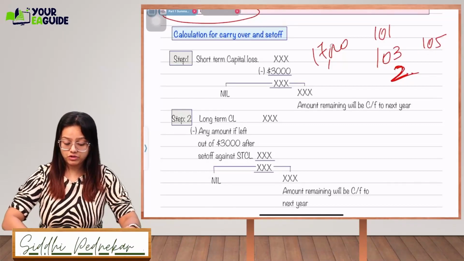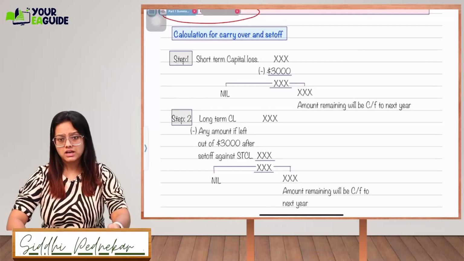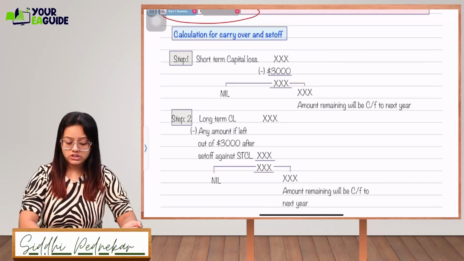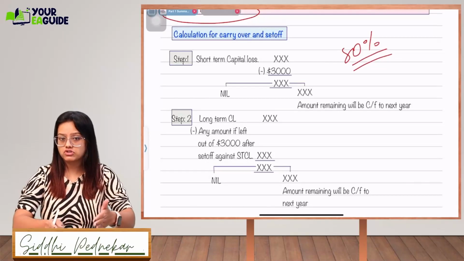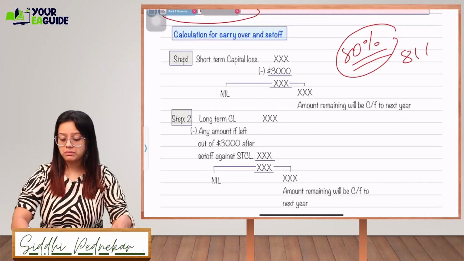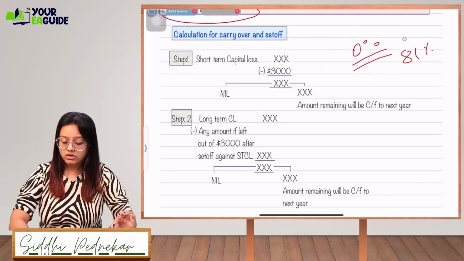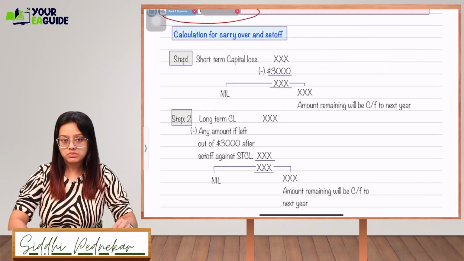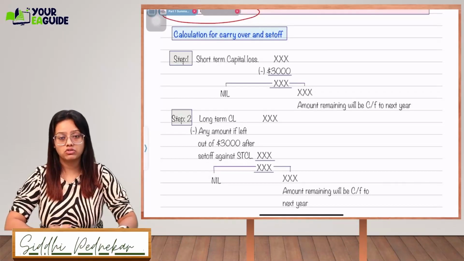But if you are 100% confident, if you know all the technical things, if you are able to achieve at least 80% in your MCQs, in whatever software you are using to solve the MCQs, if you are achieving 80% to 81% score, then you are perfectly ready to appear in the exam. Apart from that, if you are just achieving a 60% or 50% score and think you are ready for exams, then you are wrong.